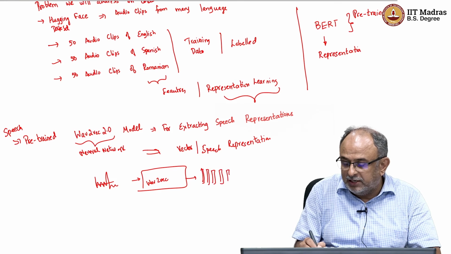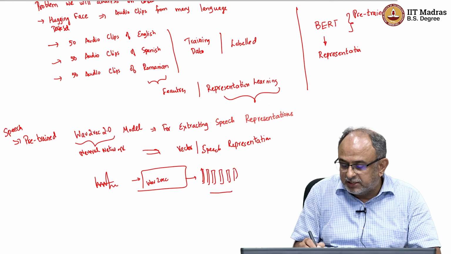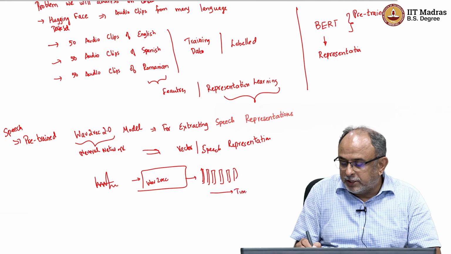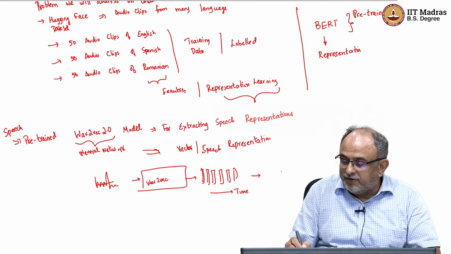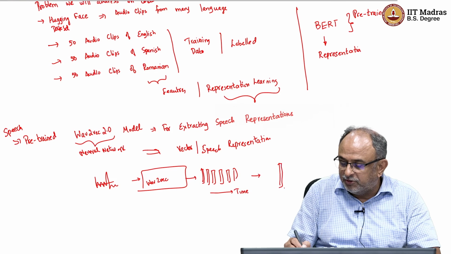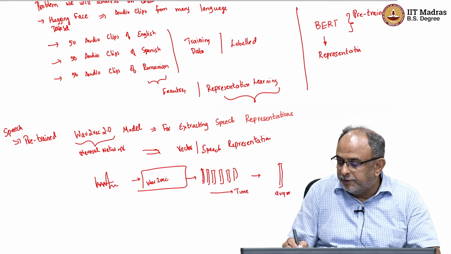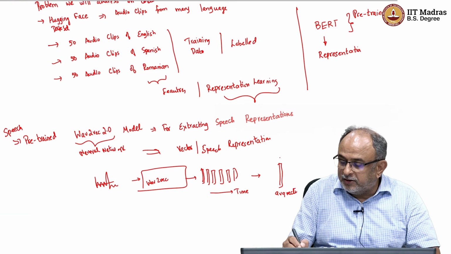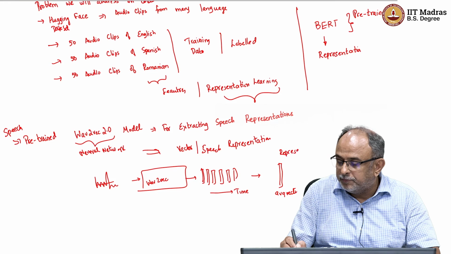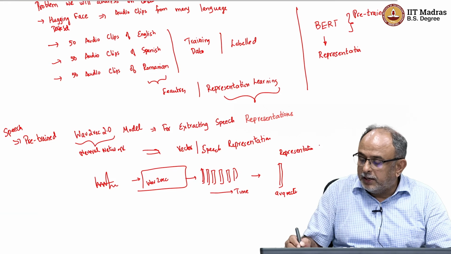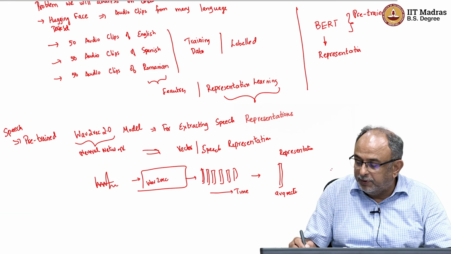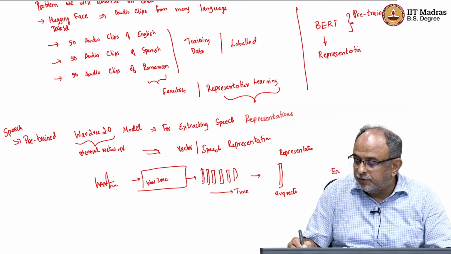This is the time axis, and we will just take the average of these vectors, and this will be the average vector. This is the representation, and this is my label, which can be English.